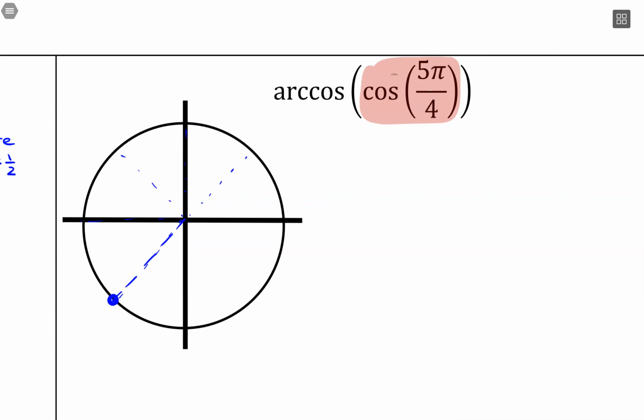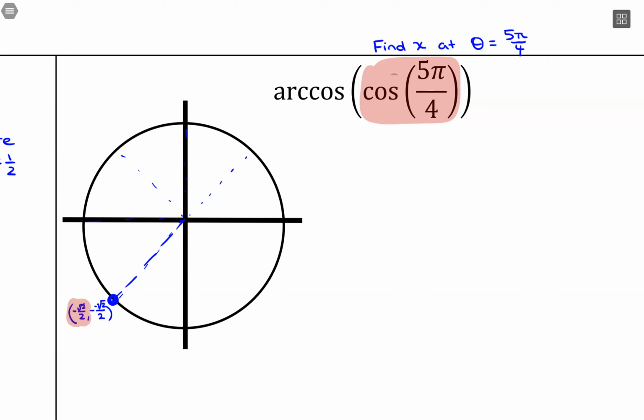So what this wants to know is we want to find the x coordinate at the angle 5 pi over 4. So our coordinate, x and y will be negative, so this will be negative root 2 over 2. And we want the x coordinate.